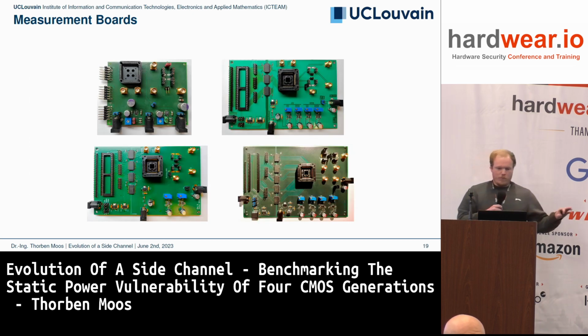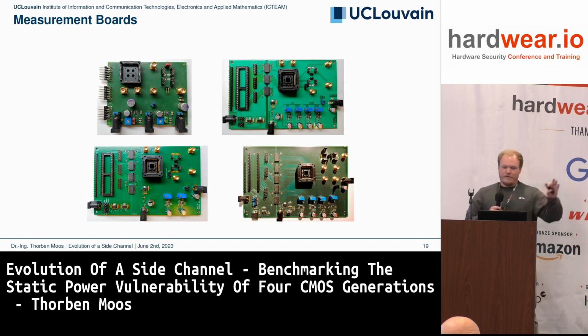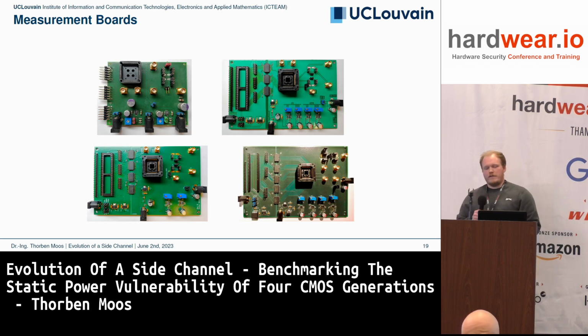Here are the measurement boards that we developed. We started with the one on the top left and ended up with the one on the top right. They work with the same FPGA device that was used in the previous talk, this CMOD A7 of Digilent. You can just plug it as a breadboard on this PCB, and then you can handle the chip.